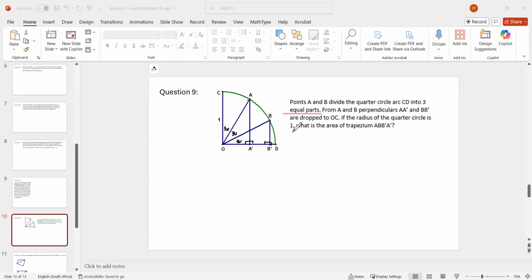If the radius of the quarter circle is 1, okay, we've already seen that. What is the area of trapezium ABB prime A? What is it? A, B, B prime. Oh, so this is the trapezium. There is a trapezium here. All right. So you need to calculate the area of the trapezium.